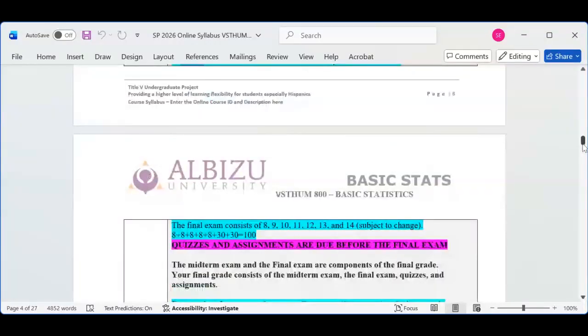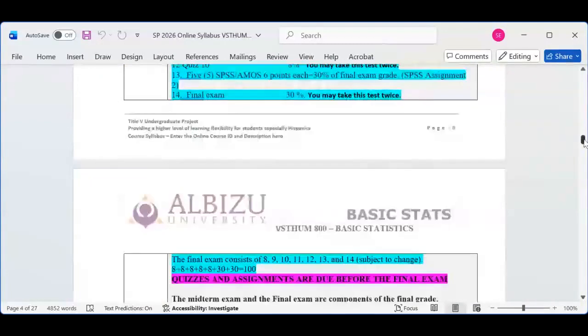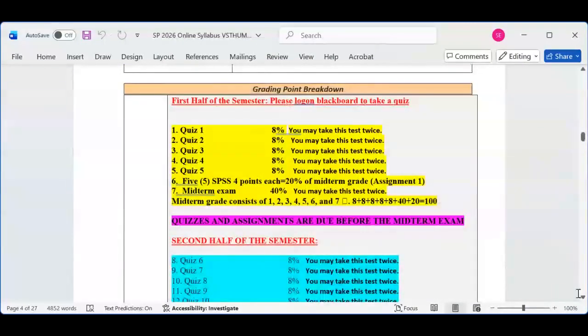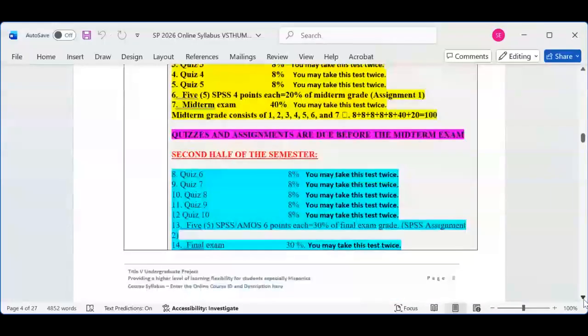For the first half of the semester, of course, you have 5 quizzes for the midterm and 5 SPSS assignments. They are very important. Again, you learn the statistics manually, do the calculation, and then in your SPSS assignments, you also learn how to use the SPSS to do the calculation.